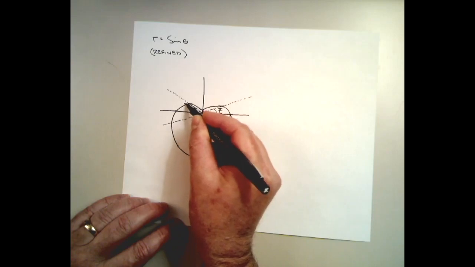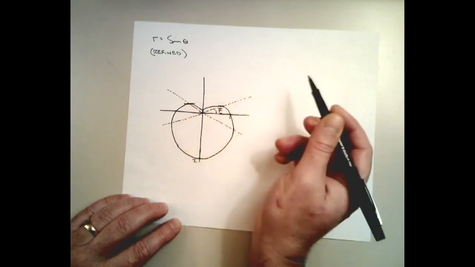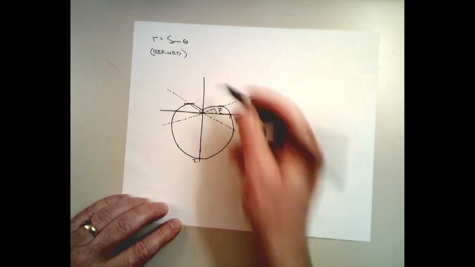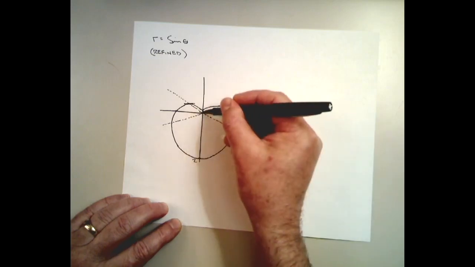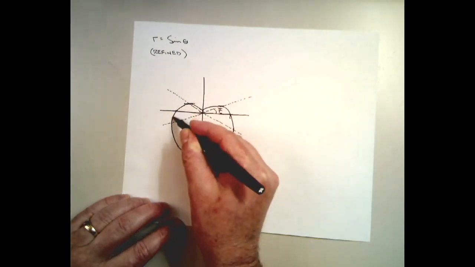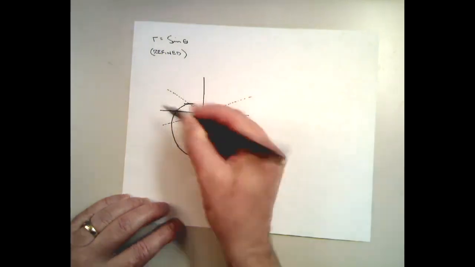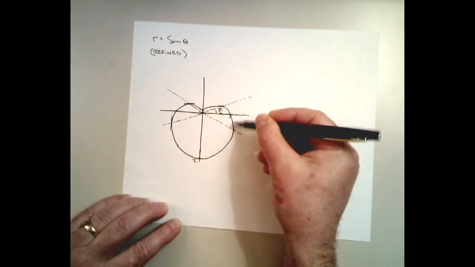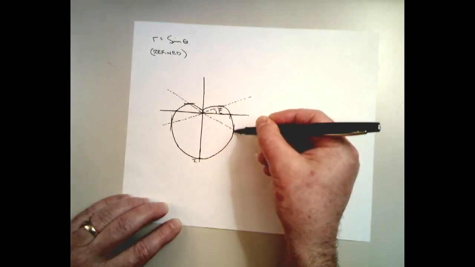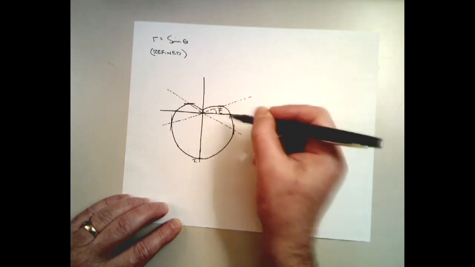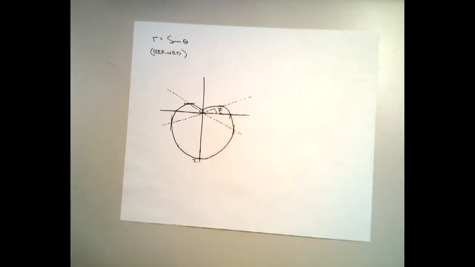So I have a horizontal tangent line there at 5 pi/6. Of course, at 3 pi/2, I have the vertical tangent here at the cusp point. And then I brought this out a little further, and at 7 pi/6, that's where I have my vertical tangent line. And at 11 pi/6, I have a vertical tangent line as well. It should be a little bit more symmetric, but you get the idea.